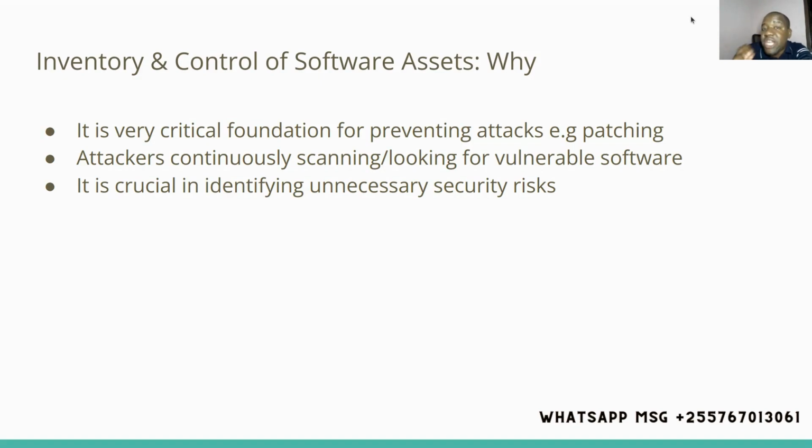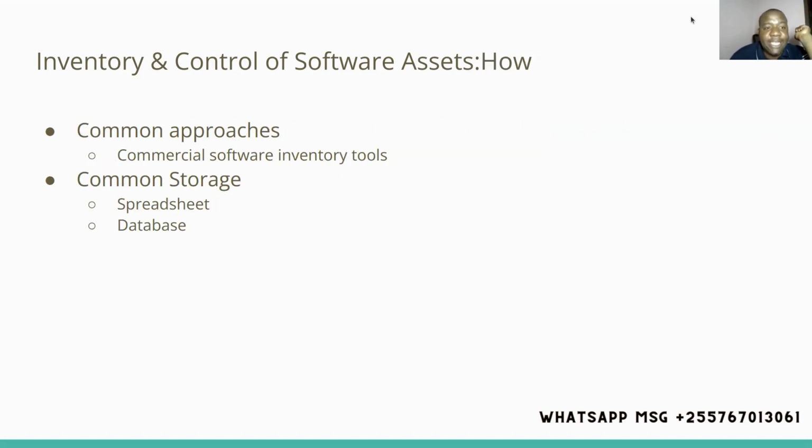So by just having this list, you may realize that there is software currently used that we don't really need. This reduces the attack surface and the scope of your coverage, because the more digital assets you have, the more skilled and prepared you need to be, and the more you need to invest in protection measures. So this inventory is going to help you remove software that you don't really need in your environment. Without it, you may not know for sure what software is really running in your IT infrastructure.